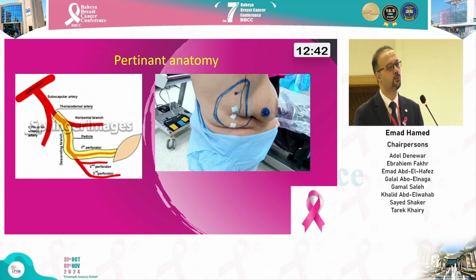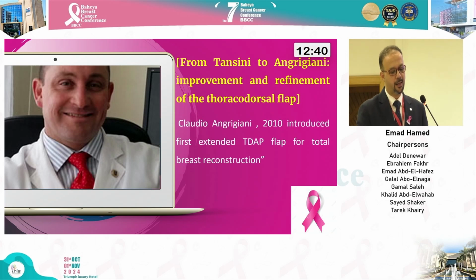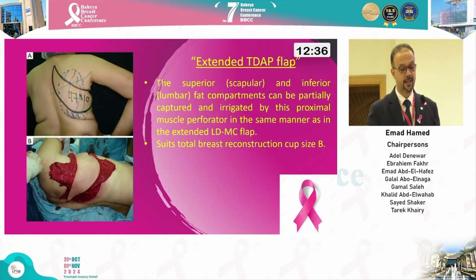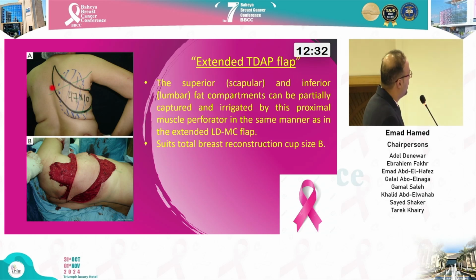So what is new? Claudio Angrigiani introduced the extended TDAP flap breast reconstruction. What is new? The design of the skin paddle is extended to harvest the scapular and the lumbar fat, as if you are doing conventional latissimus dorsi flap.